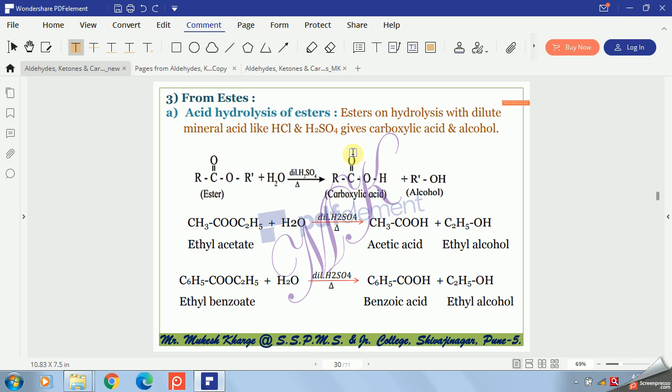So let us see the reaction. Here also you have to add water. Again OH is the negative part and carbon is the electron deficient center.